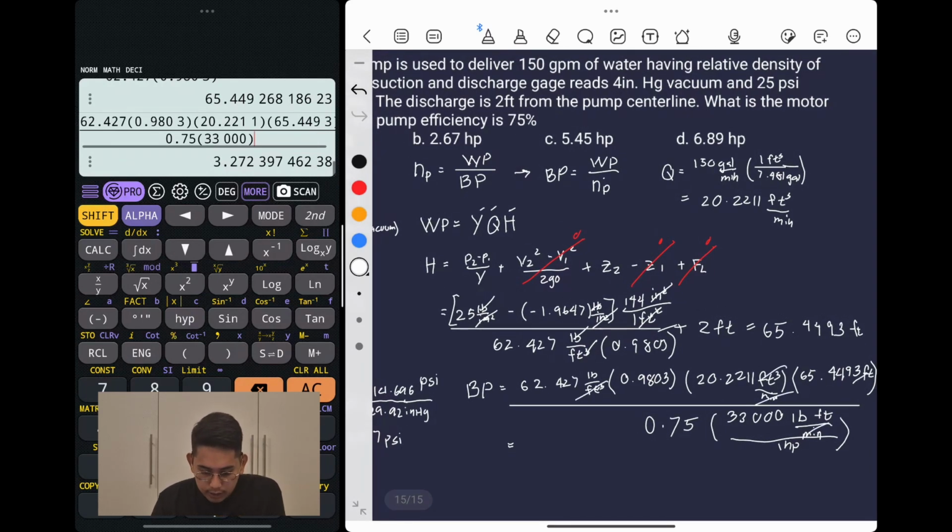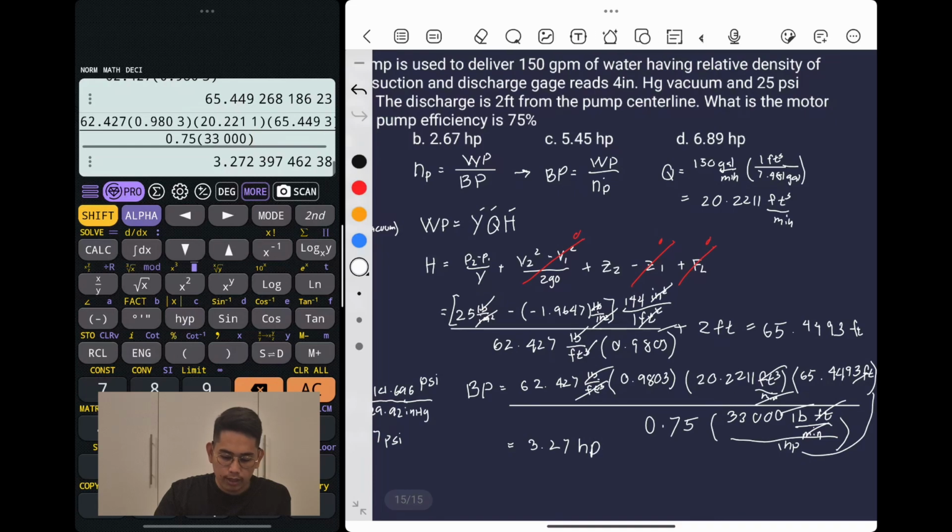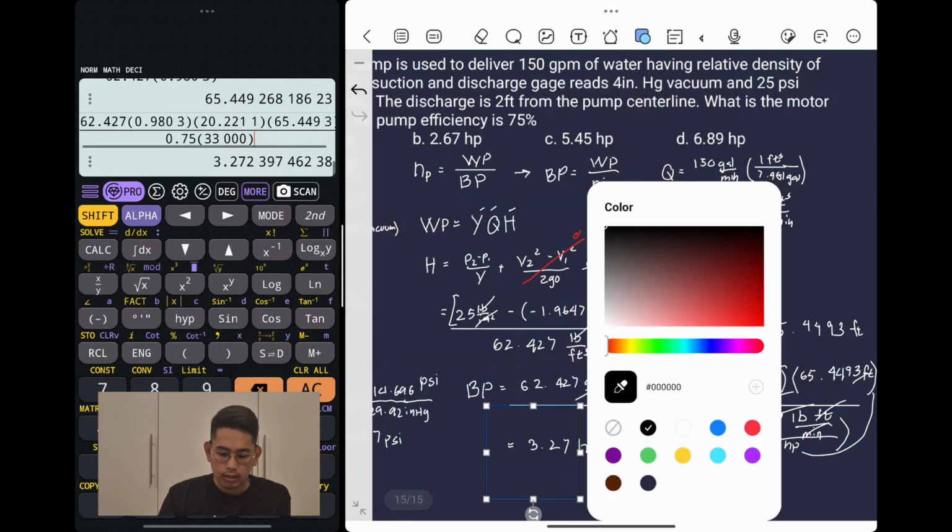So, kung siya mag-cancel, minute, feet, pound, tira yung HP. So, lagi tayo 3.27 HP. Yun ang ating final answer.